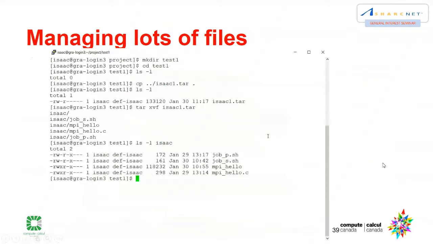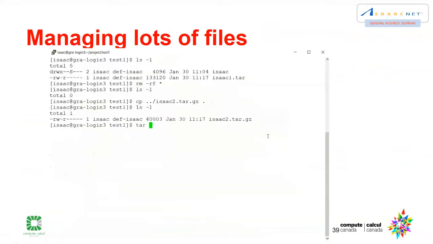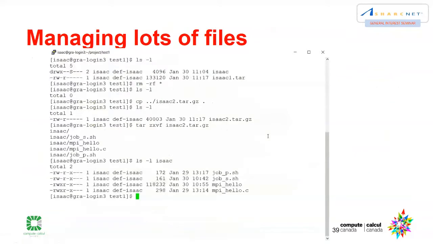When you have a compressed file, we can do the same thing by copying the compressed tar file to this directory. We simply use the Z option here. You can see there is a list of files, and then we got the files.